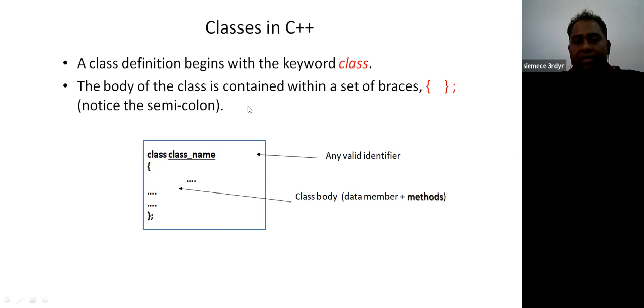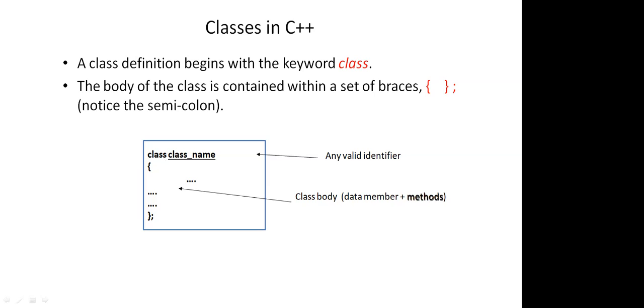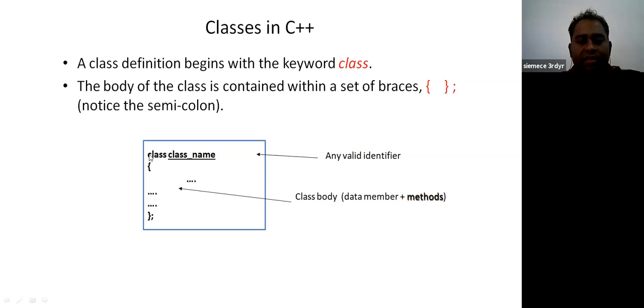Whenever you are defining a class, like the student class, if you are going to implement that, you have to write the keyword class. Is it clear? Yes, sir. So this is the first thing: if you are going to write a class, you have to write this keyword.